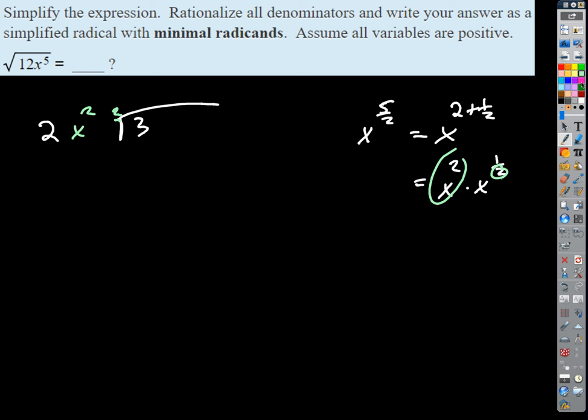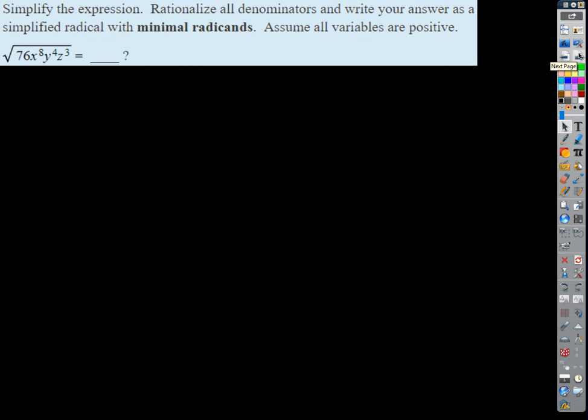So then what's inside is going to be x to whatever the numerator is of the fraction that's left over. Get the idea? Okay, so what about this one? We can do this really quick. Next time.